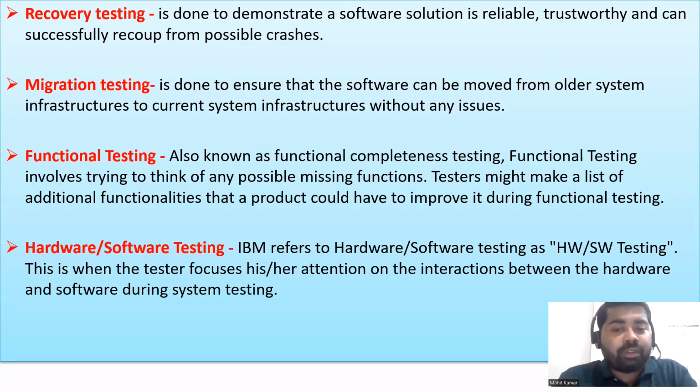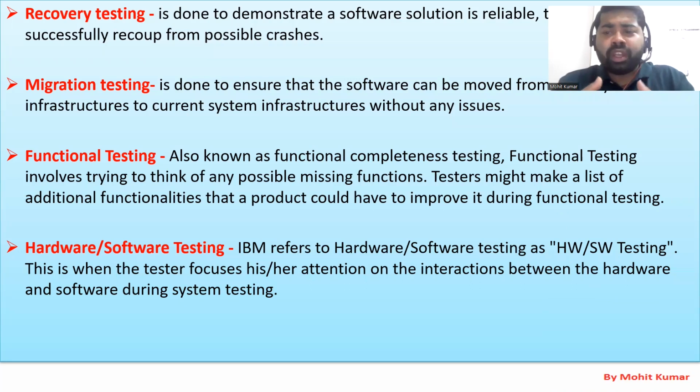It is also known as functional or completeness testing. Functional testing involves trying to think of any possible missing function. A tester might take a list of additional functionalities that a product could have to improve it during the functional testing, right? So you can give the suggestion to a stakeholder if you find something new.